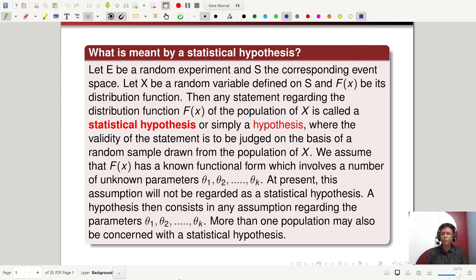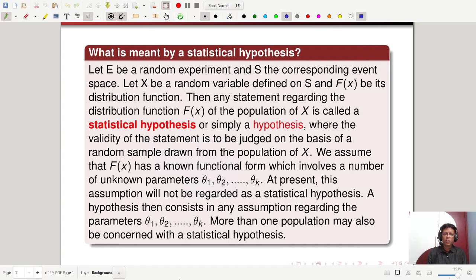So these are the unknown parameters in the known functional form. At present, this assumption will not be regarded as a statistical hypothesis. A hypothesis consists in any assumption regarding the parameter. More than one population may also be concerned with a statistical hypothesis.